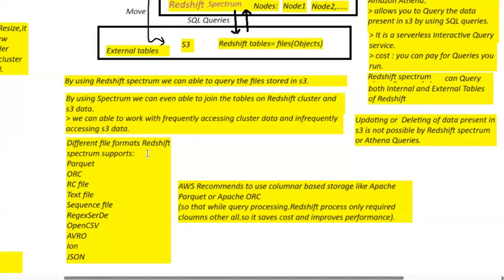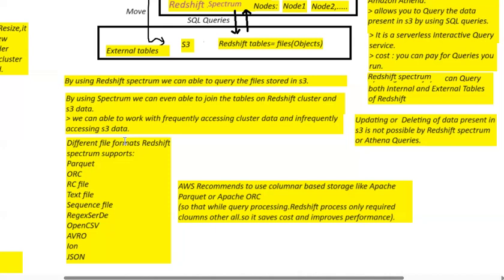Since we have different formats supported by Redshift Spectrum, depending on the format that we use, it is possible to do split reads. What type of reads? Split reads. What does it mean?